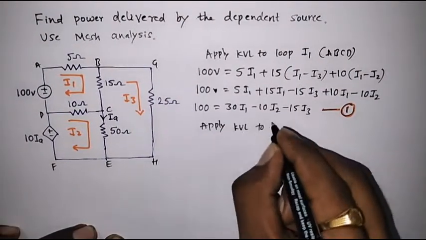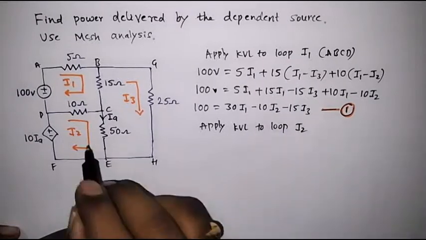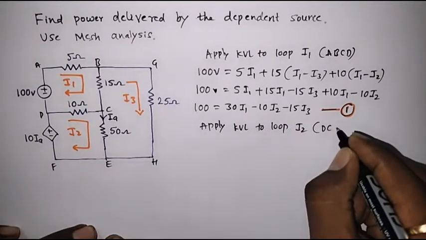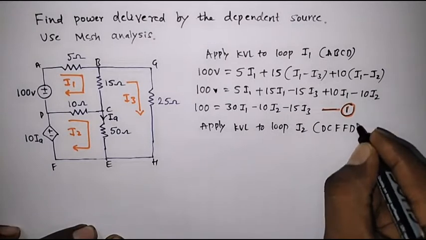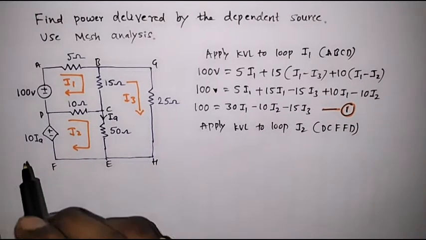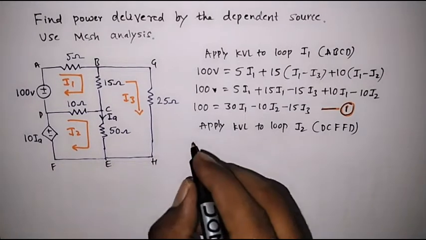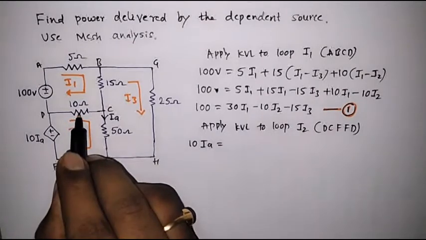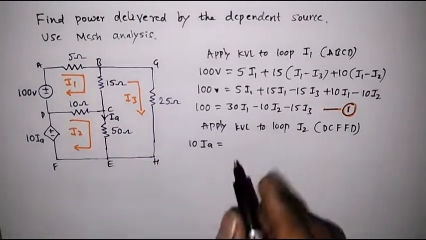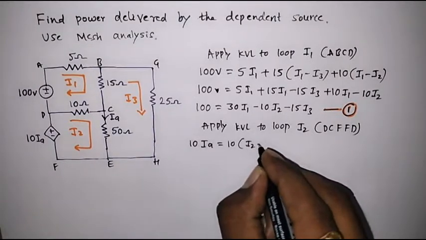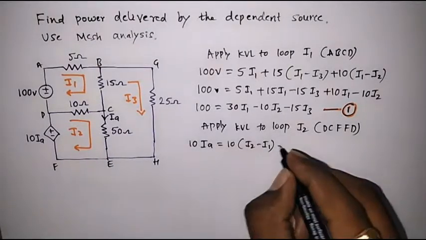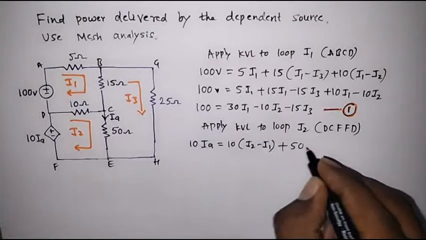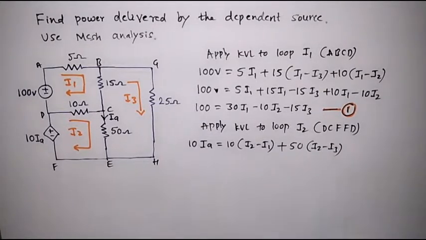Apply KVL to loop I2. So loop I2 is nothing but D, C, E, F, D. We'll start from the voltage source, that is 10 IA. 10 IA is equal to the voltage drop across the 10 ohm resistor, which is 10 into I2 minus I1, plus then the voltage across the 50 ohm resistor, which is 50 into I2 minus I3.